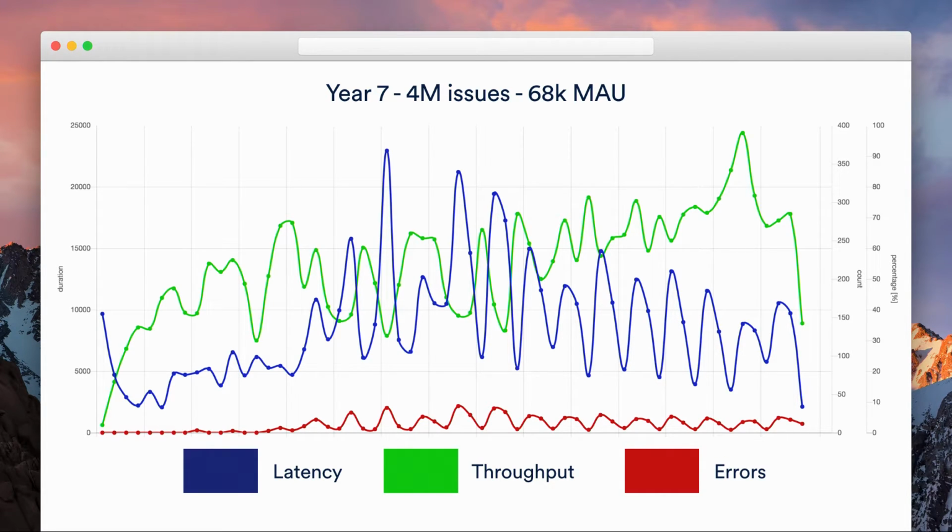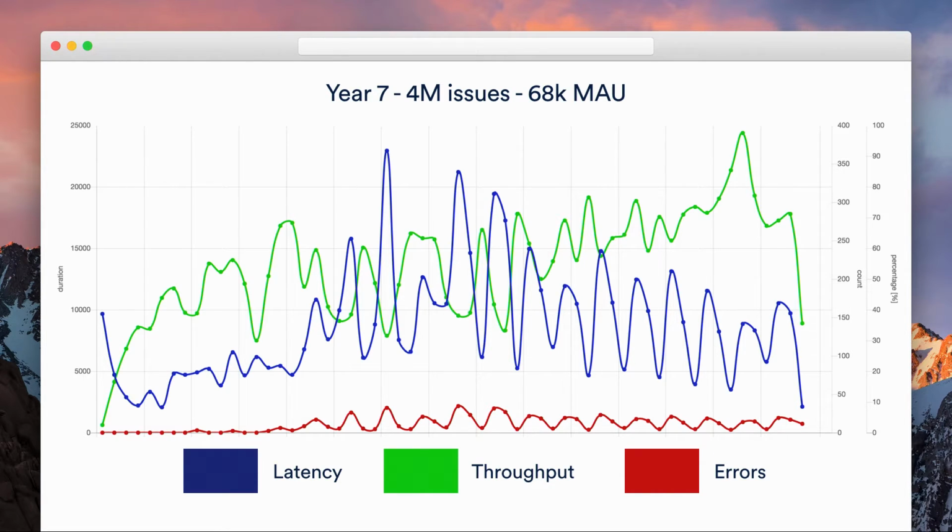The latencies are very unstable. They oscillate at around 9 seconds, and the peaks reach like 3 minutes. And the throughput is worse than 3 years before, even though we have more users. So that's poor performance right here.